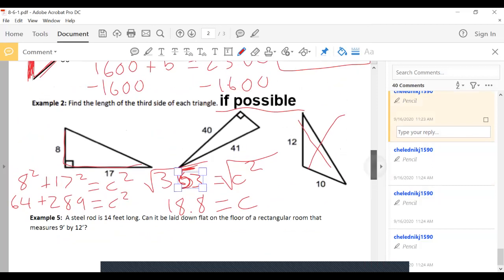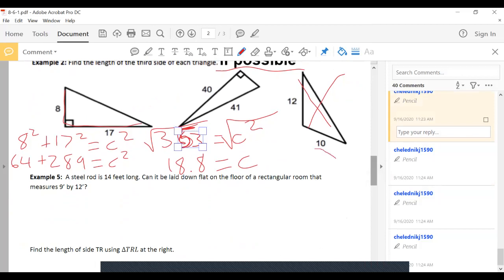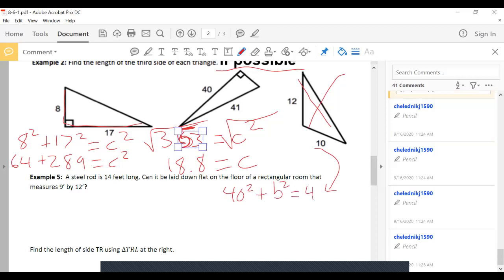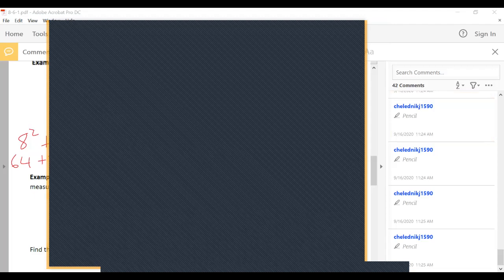Let's try the middle one, though. So in the middle one, 41 is the hypotenuse. I'm going to have to make room down here. Sorry. 40 squared plus b squared equals 41 squared. 40 squared is 1600 plus b squared equals, oh, 41 squared, I mean. 41 times 41 equals 1681.